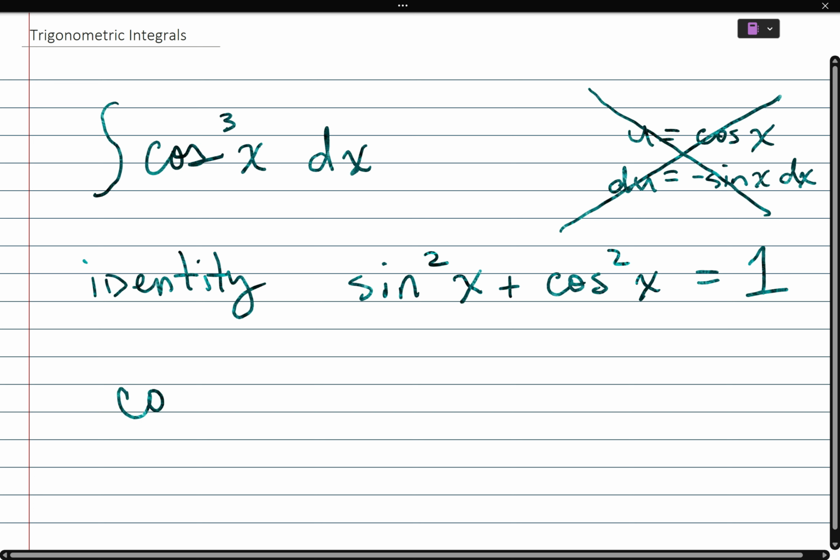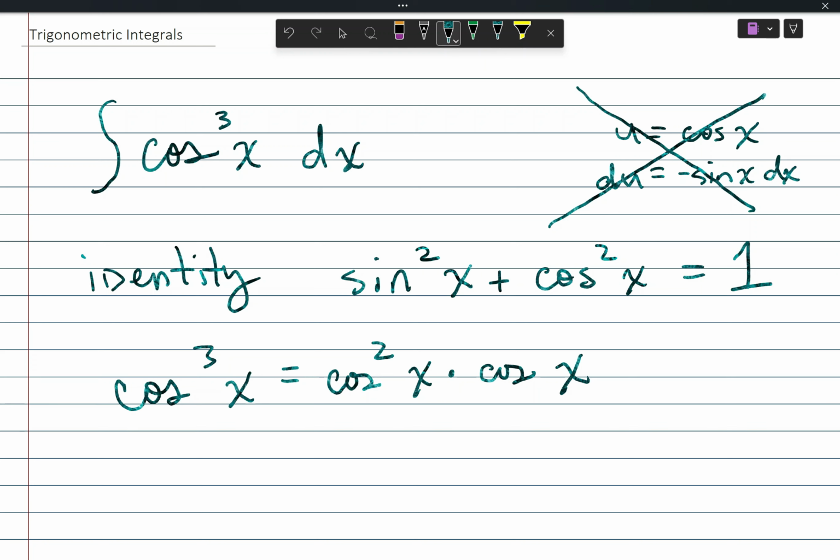Okay, so if we have cosine cubed x, we can say that's equal to cosine squared x times cosine x.